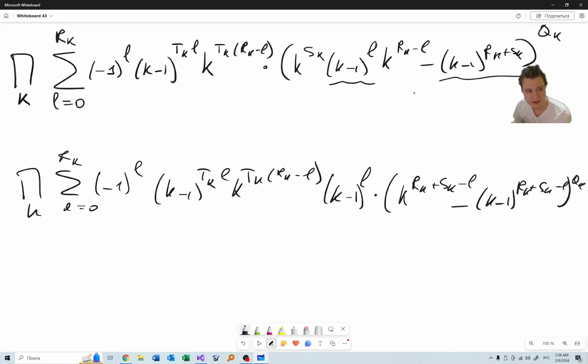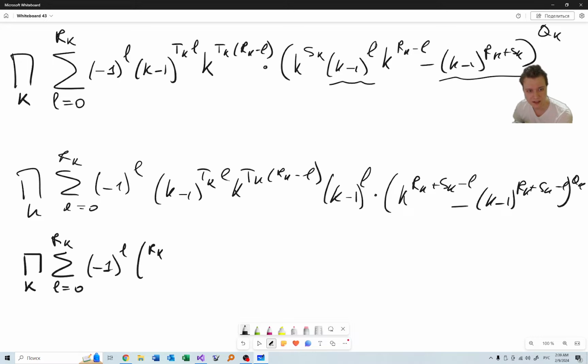So this is product of all k's, then sum for all L from 0 to Rk. I forgot about the choose function. I will write it right here.